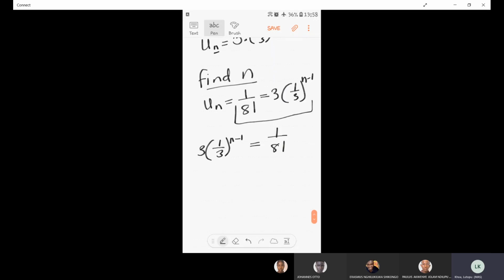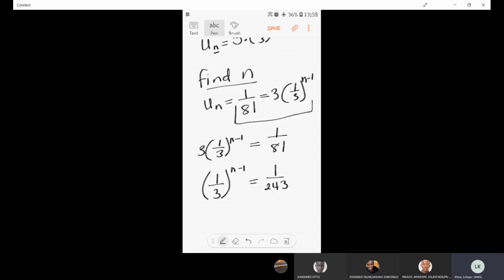Then I divide by 3 on both sides. I have (1/3)^(n-1) equal to 1/243. Then you know how to solve this.